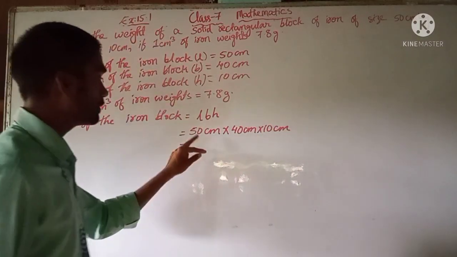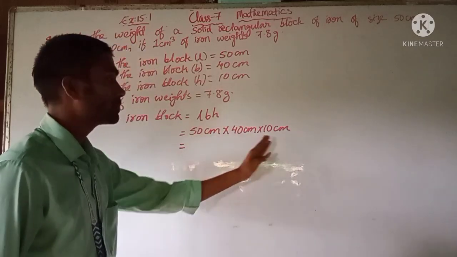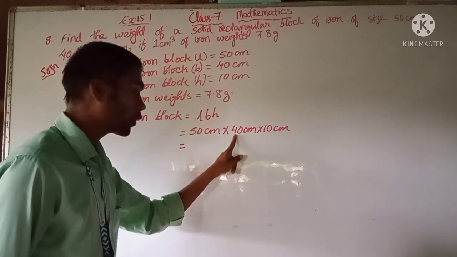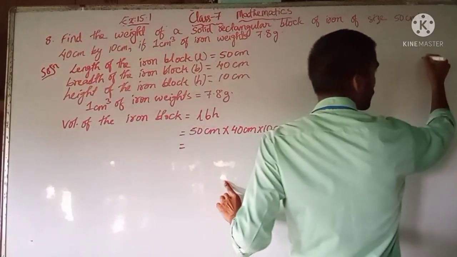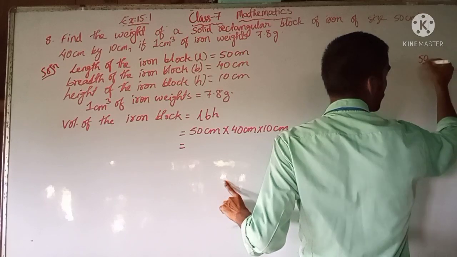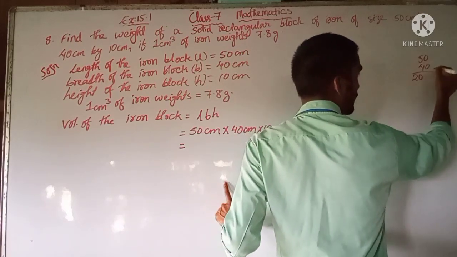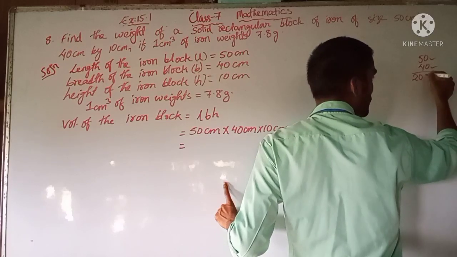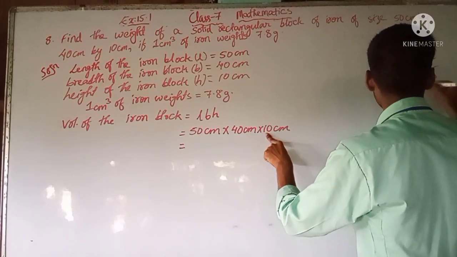So we will multiply them. 50 into 40, just leave these zeros and just multiply the number. 5 into 4, it is 20. Again 2 zeros. Again we need to multiply it with 10.